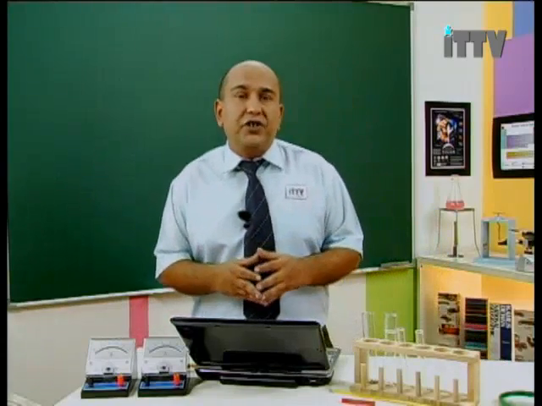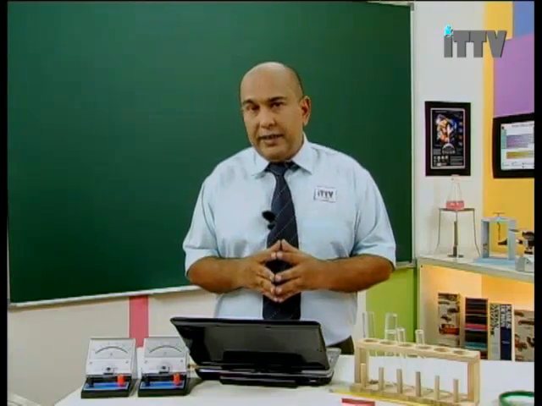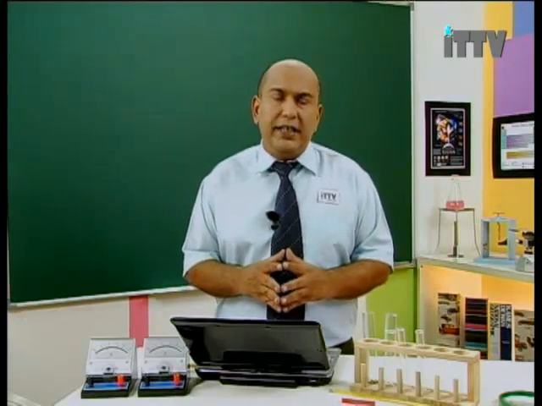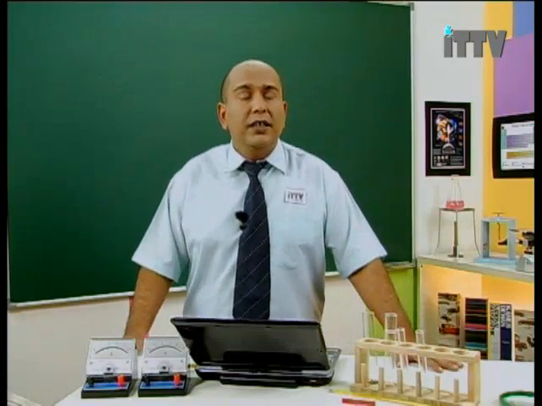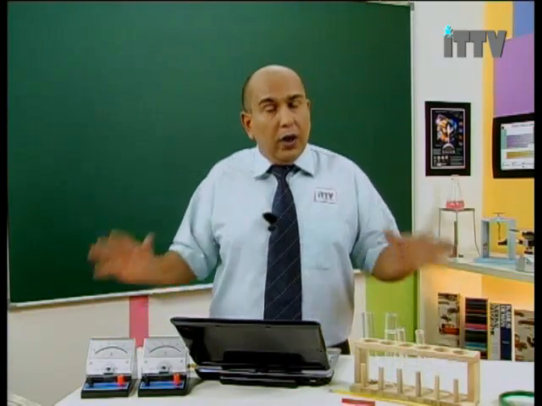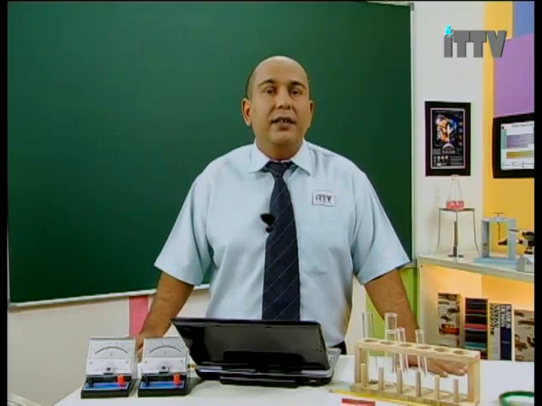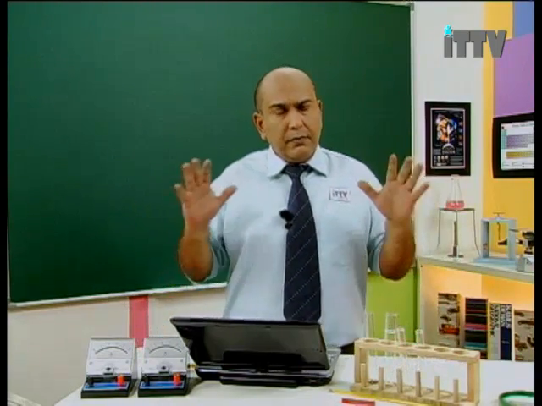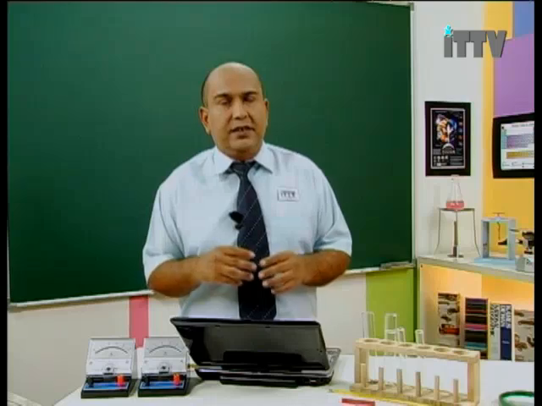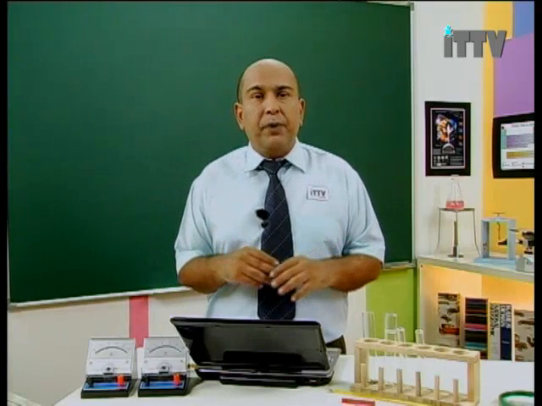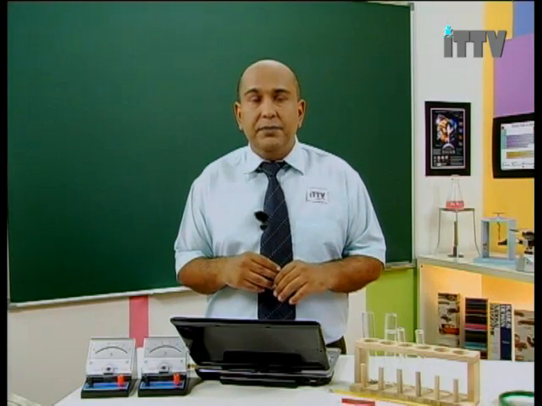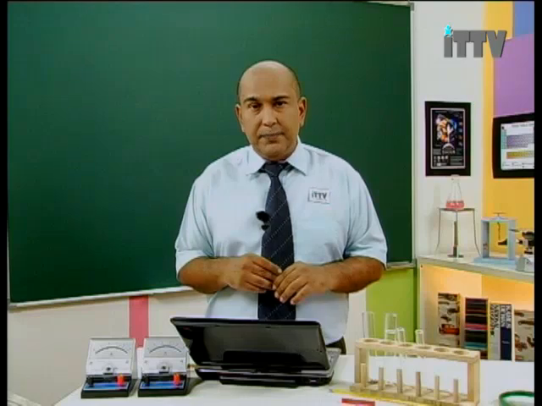Now, so far through this chapter, we've had a look at two main things. Firstly was body coordination, which is how different parts of our body work together harmoniously so that we can effect a response. Then we looked at the nervous system, which consisted of two main parts, the central nervous system and the peripheral nervous system.